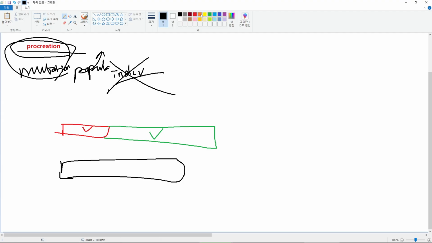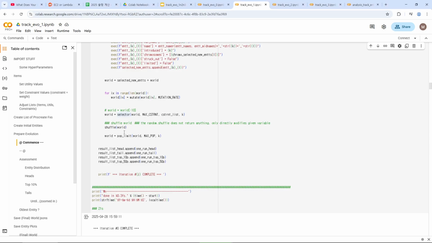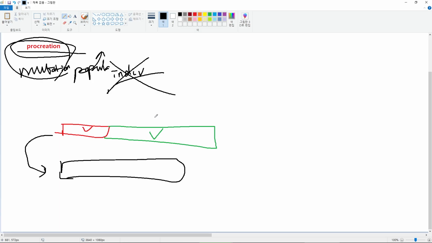After the selector has done its work, this becomes something like this, and then the limiter will do its work.